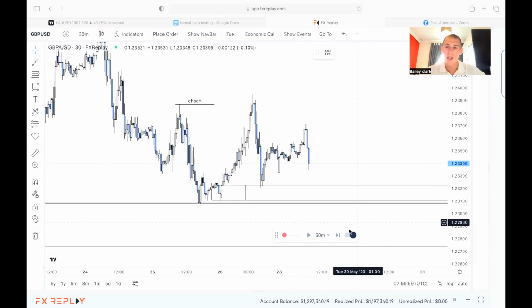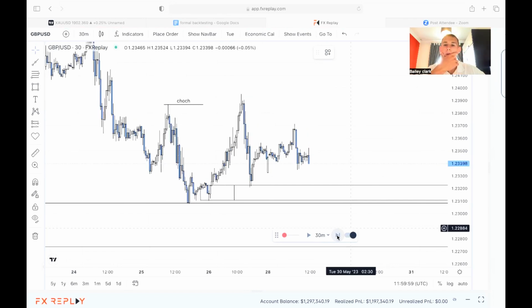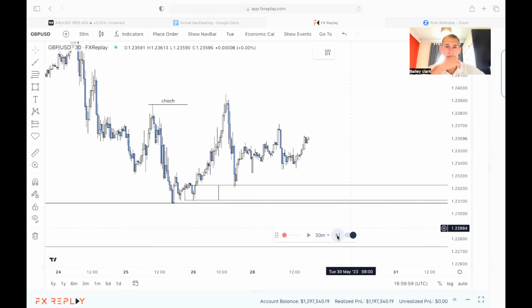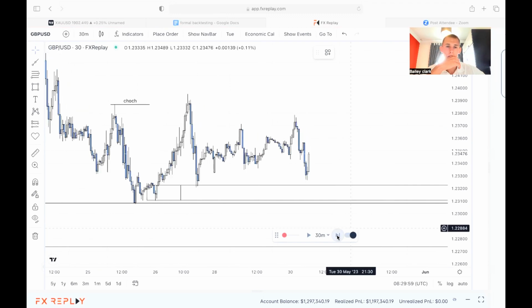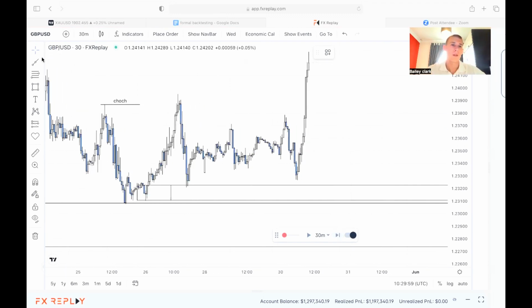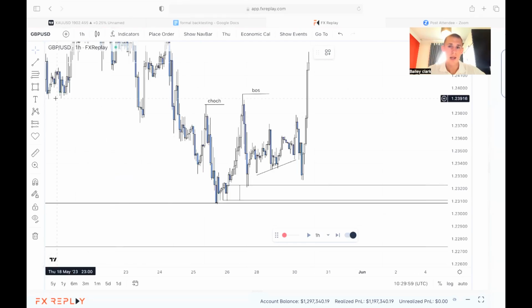No, there's no valid entry there, so I'll wait for a further break if we get one. There we go. We have a break just there. All of this previous liquidity was taken out. And what was it taken out by?